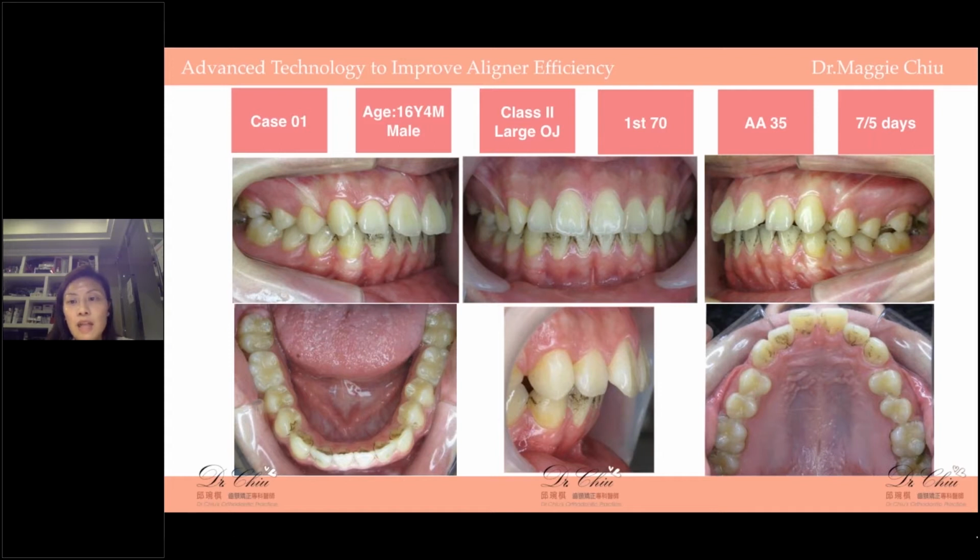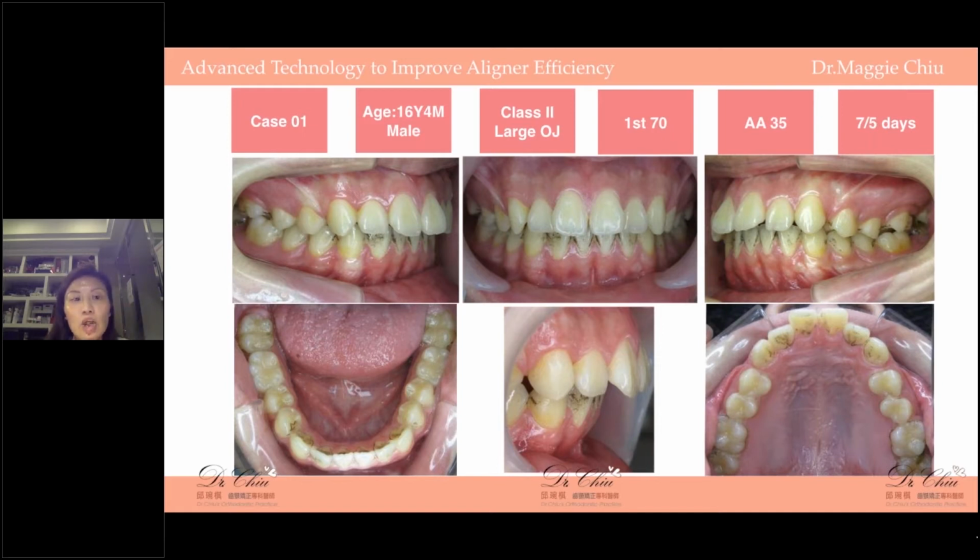There are 2 sets of aligners for him. On the first set, there were 70 aligners, and on the second set, there were 35 aligners. We asked the patient to wear the aligners on a 7-day protocol for the first set and a 5-day protocol on the second set.